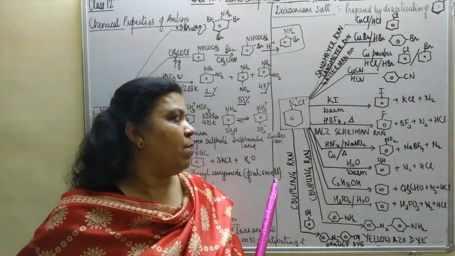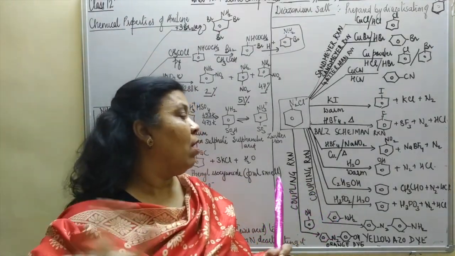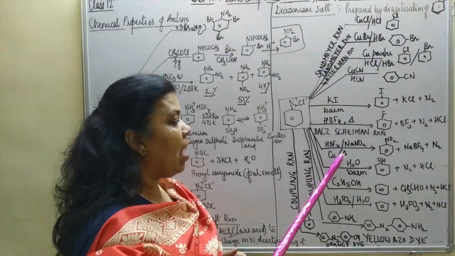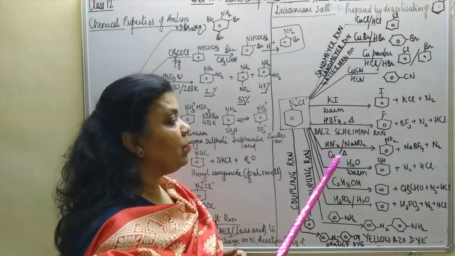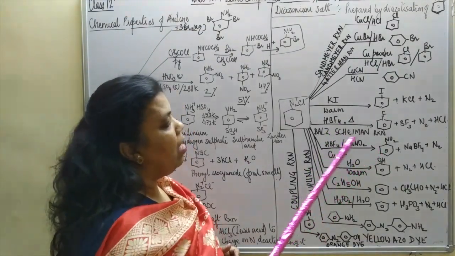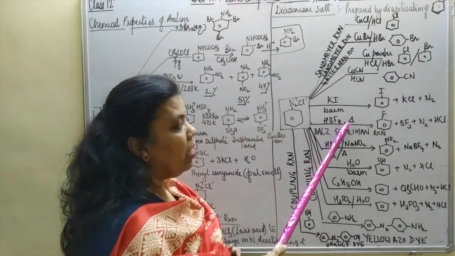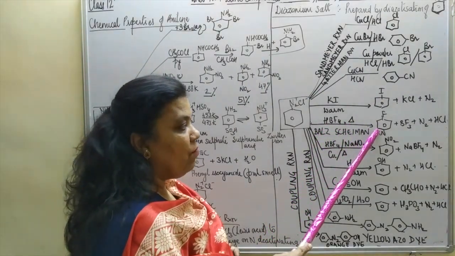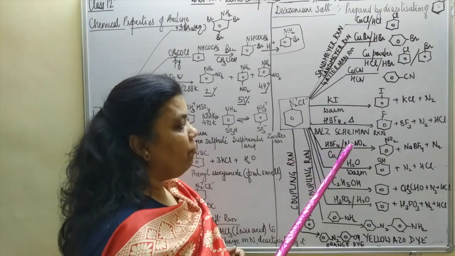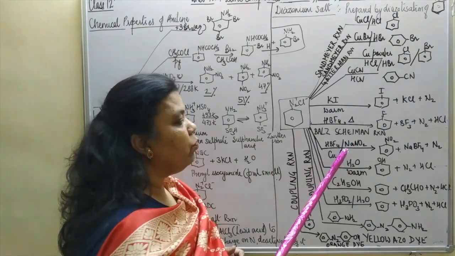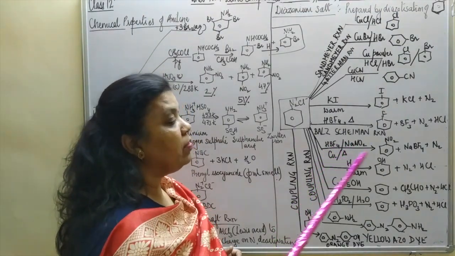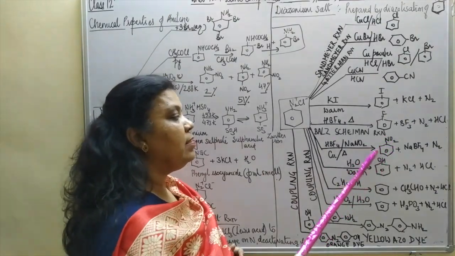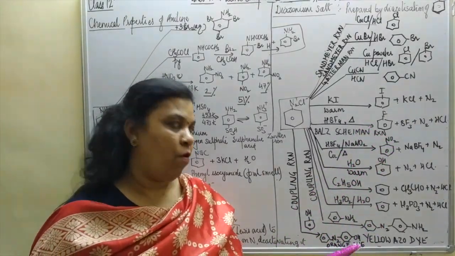So you have to remember that there is a confusion between these two reactions and you have to see the reagents before you write the final product. So when it is only HBF4 and heat, then fluorobenzene will be formed. But when HBF4 along with NaNO2, copper and heat are the reagents, then instead of fluorobenzene, nitrobenzene will be formed.